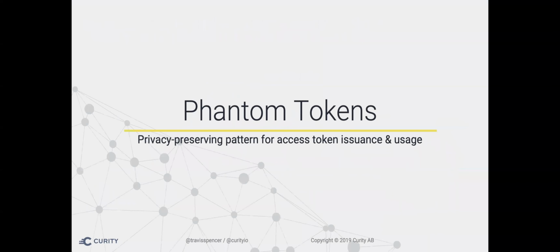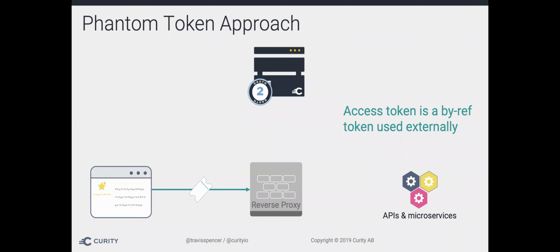Lastly, I'll talk about phantom tokens in just the minute or two I have left. So this is a prescriptive pattern that you can use to ensure that you don't provide too much information to your clients. Because usually what your clients will do is they'll call an API through a reverse proxy or through some sort of API gateway, thinking that they're contacting the actual API.